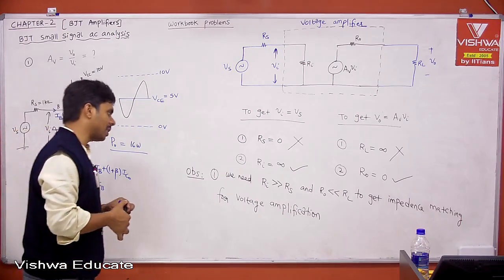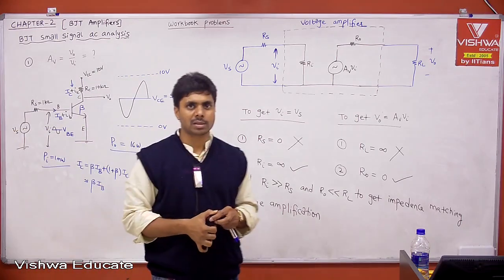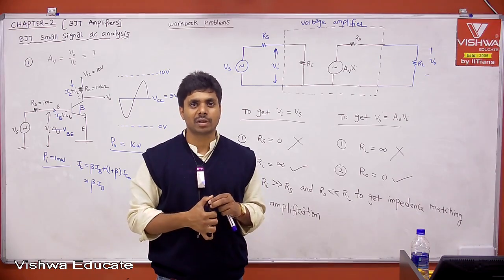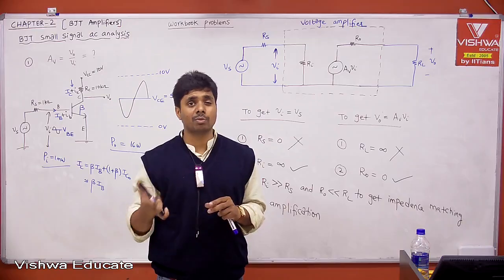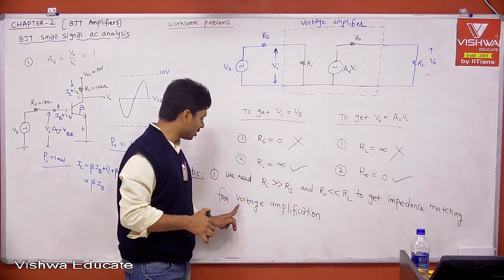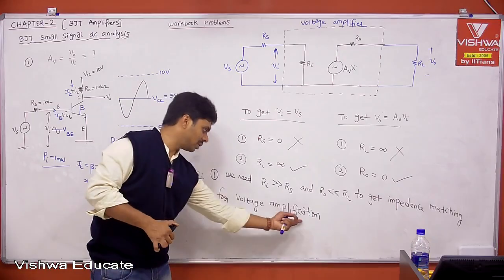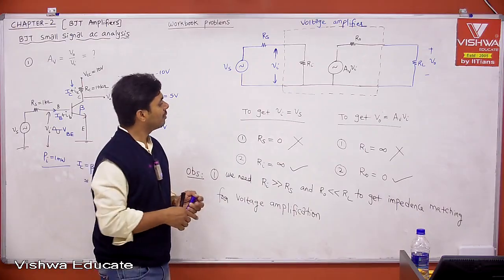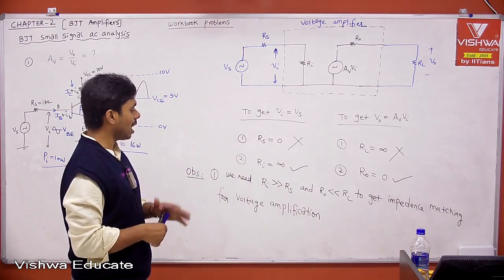If you study network analysis, impedance matching means maximum power transfer. Here the impedance matching is not for maximum power transfer. Here the impedance matching is for maximum voltage transfer. That's why I told you it is for voltage amplification. I am giving the condition for voltage amplification, not for maximum power transfer.